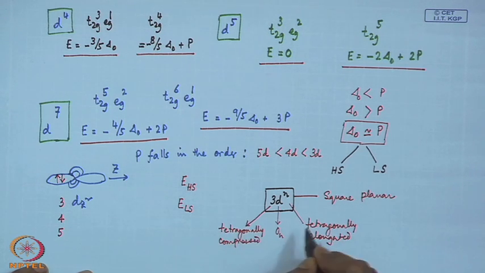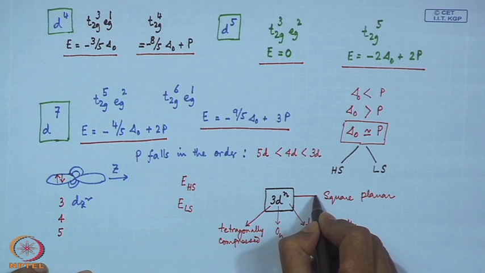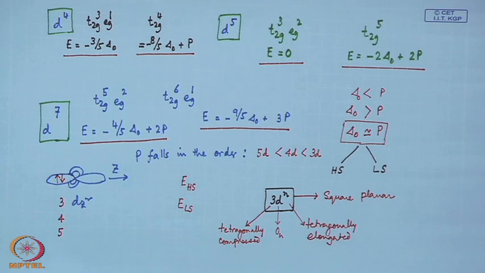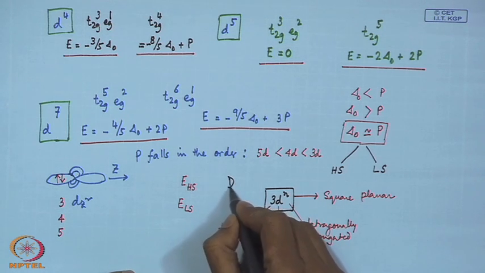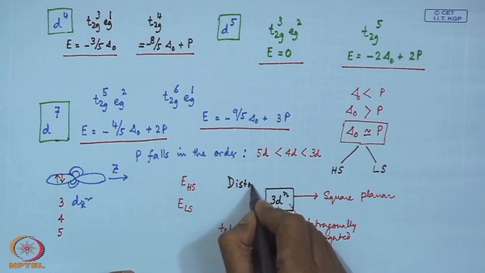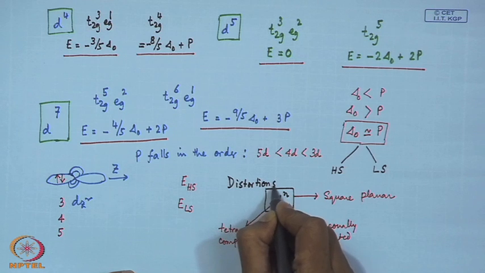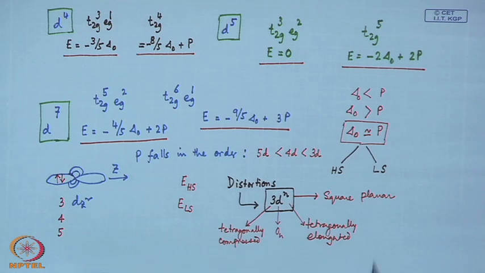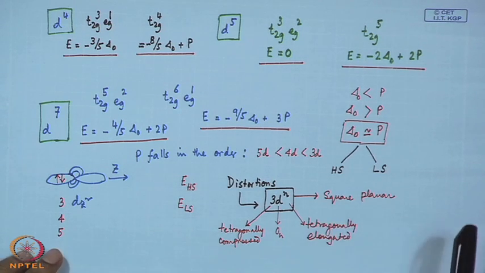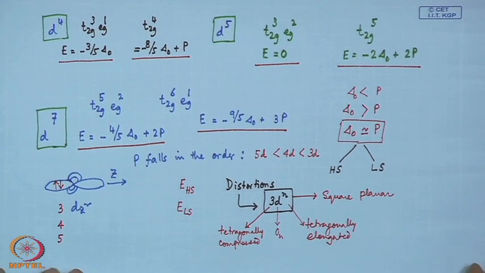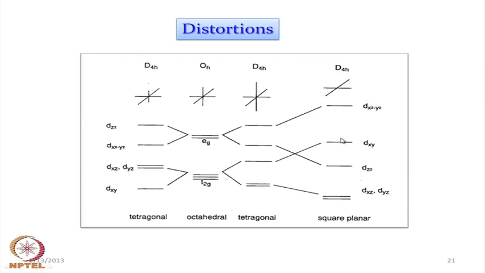If we have some idea about all these, we should be able to write down the electronic configuration for any d n system for these typical distortions, in all these 4 geometries, nicely from these orderings of the different d levels.